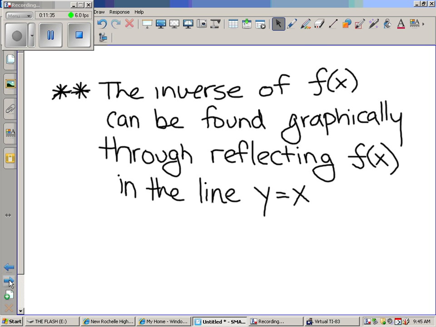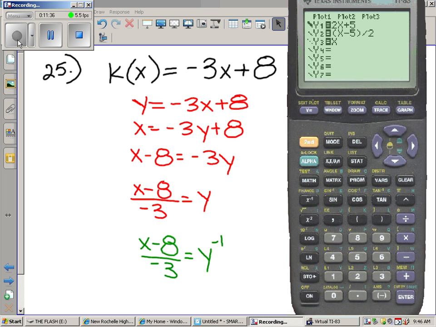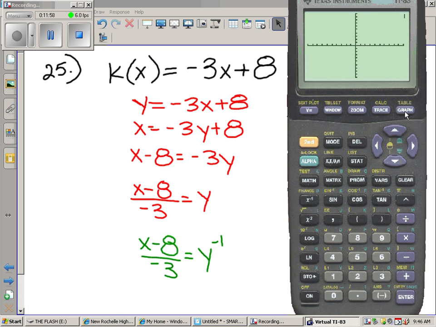Let's take a look at some of the other equations that we just found the inverse of. Like this one, negative 3x plus 8. The inverse was x minus 8 divided by negative 3. Let's just see what they look like.